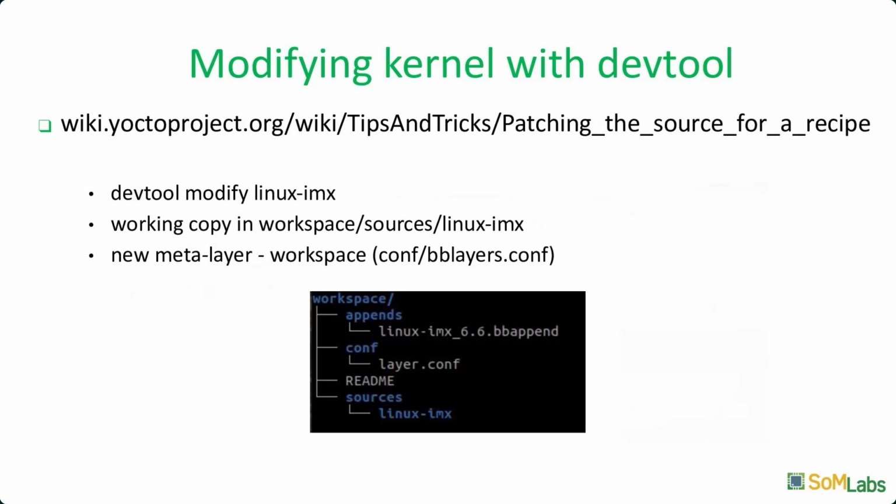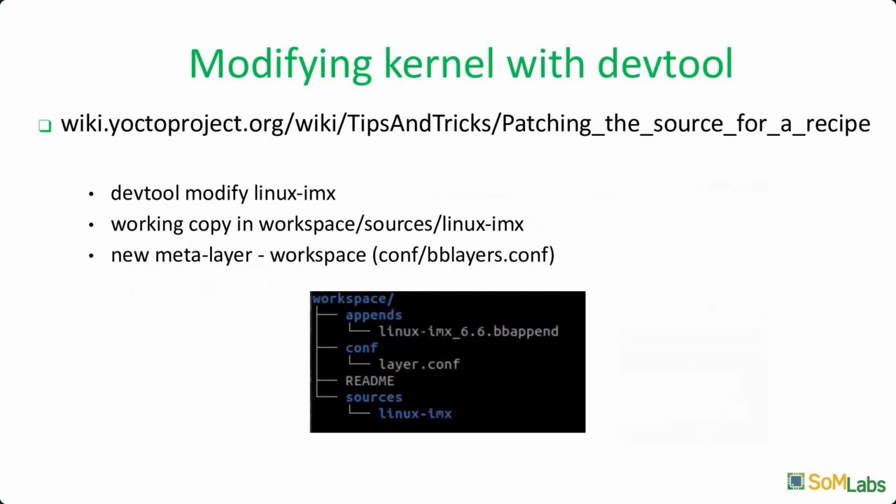So devtool is one of the tools provided by Yocto, and it may be used for development and modification of source code of the packages built by BitBake itself. In this example, we will modify the Linux kernel, but you can do the same with any package that is within Yocto.